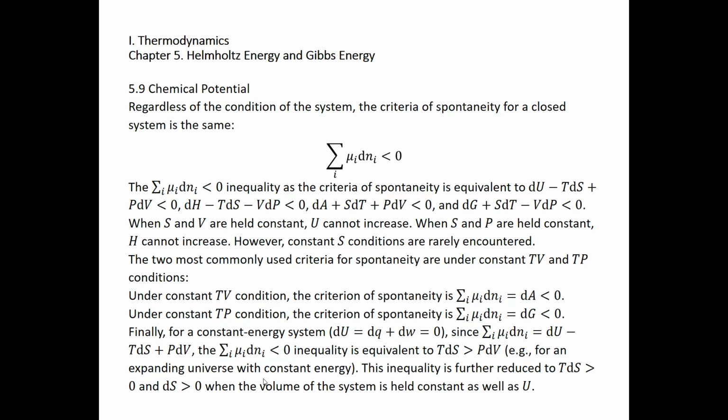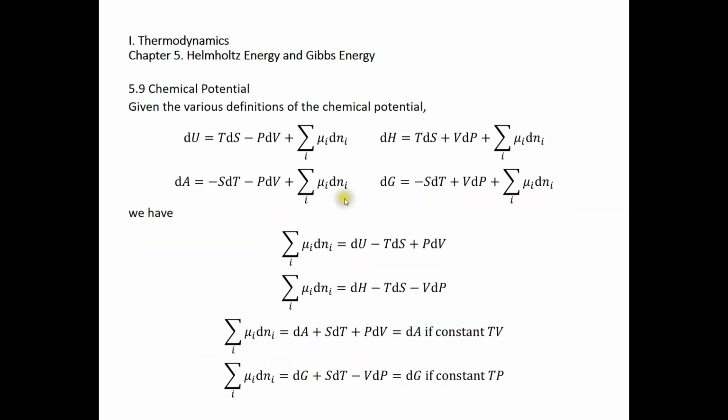In general, regardless of the condition of the system, the criterion of spontaneity for a closed system is always the same. It's this: the sum of mu_i dN_i must be negative. And from the previous page, we learned that there are 4 different expressions for the sum of mu_i dN_i, and this must be negative.